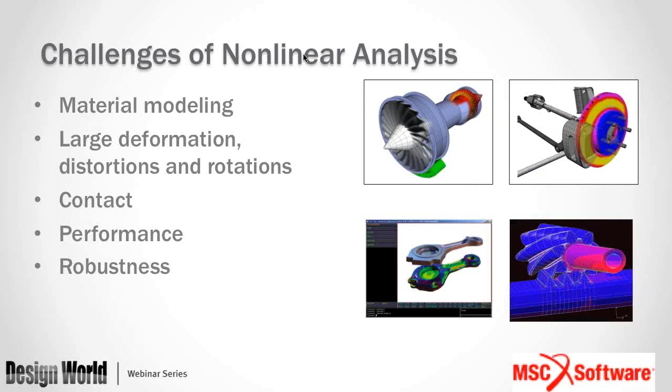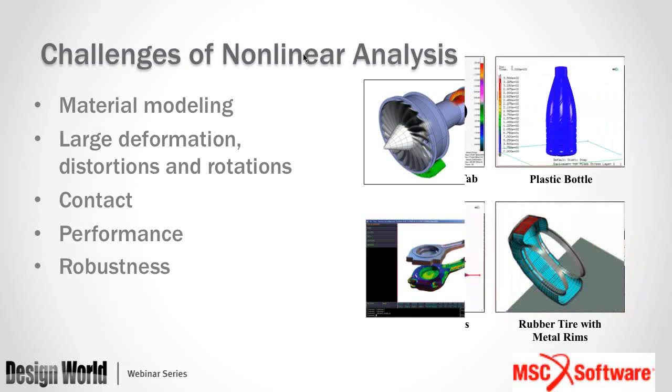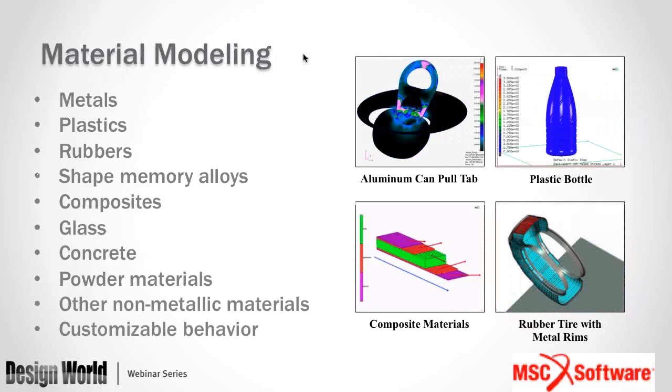Also, any solution you use should provide support for large deformations and large rotations, and also contact modeling. In addition, performance and robustness are key factors because, remember, these nonlinear problems can be resource intensive and can take longer to run. We'll look at each of these topics in greater detail in the next few slides.